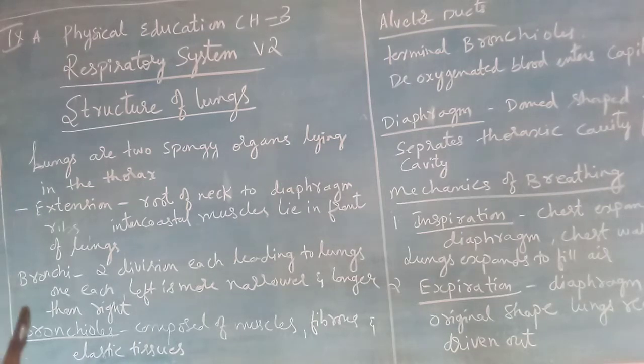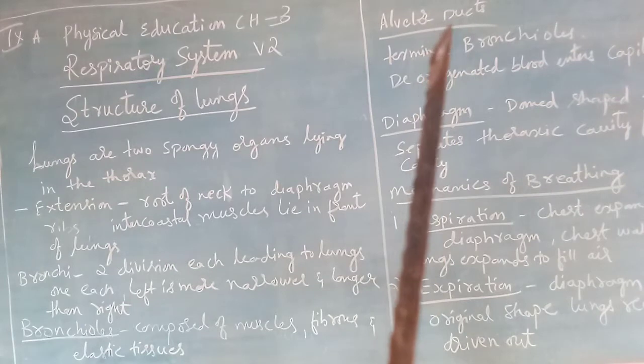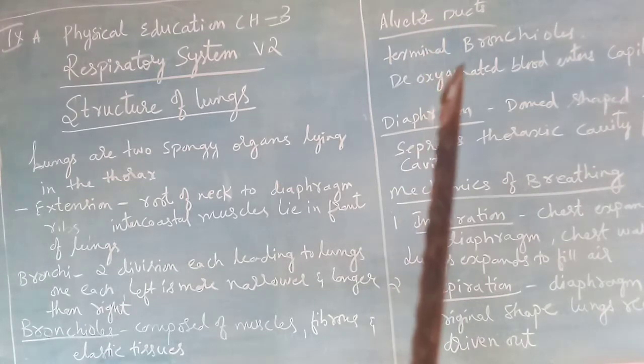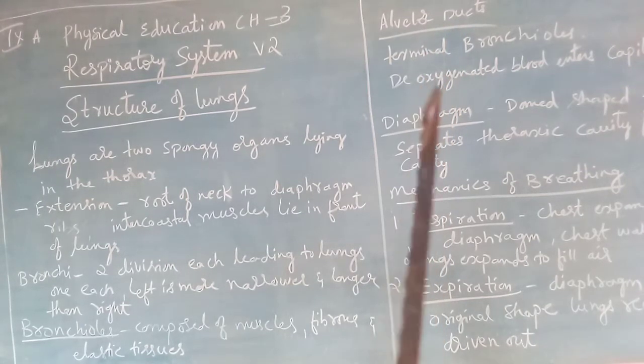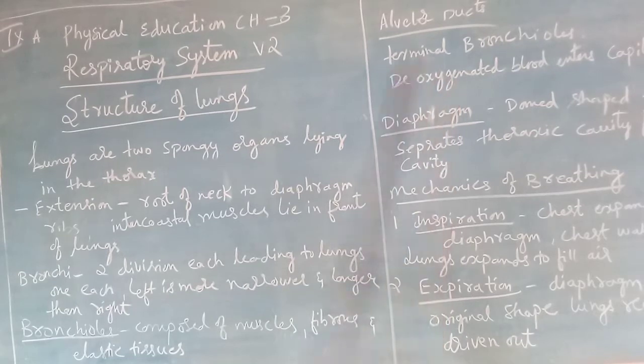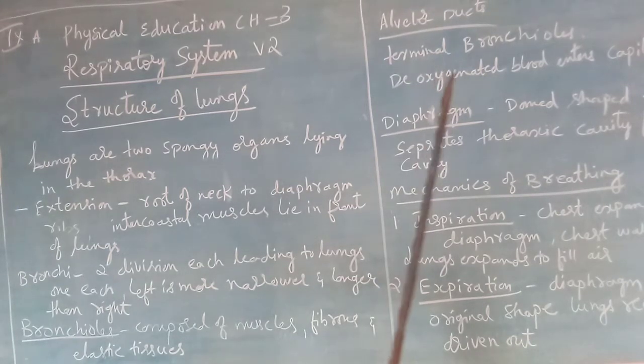After this we have the alveolar duct, the terminal bronchi, which contains deoxygenated blood. Once air, that is oxygen, enters into the lung, for the purification of blood it mixes with the blood so that it becomes oxygenated blood, right? So deoxygenated blood remains there.